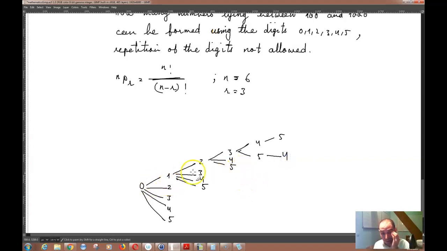You would get a number of numbers over here, but the problem is that the number starts with a 0. The number is supposed to be a 3-digit number, so this is actually not right.